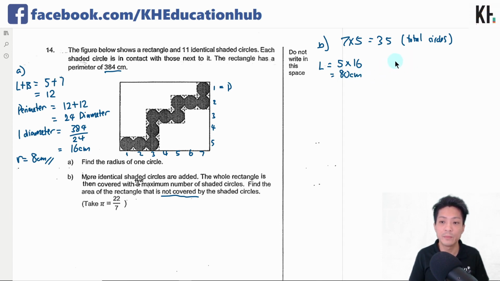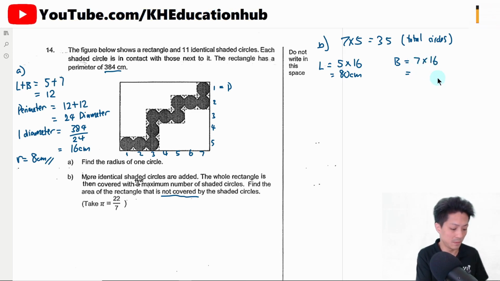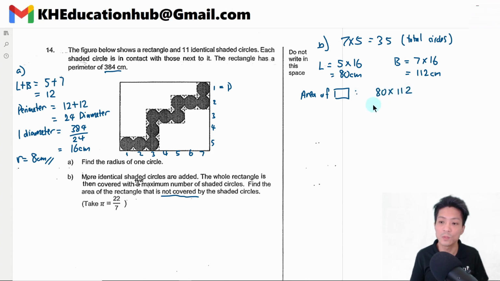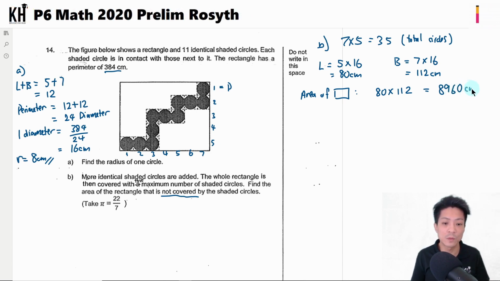The breadth is 7 times 16, which is 112 cm, and so the area of the rectangle is equal to 80 times 112, which will be equal to 8,960 square cm.